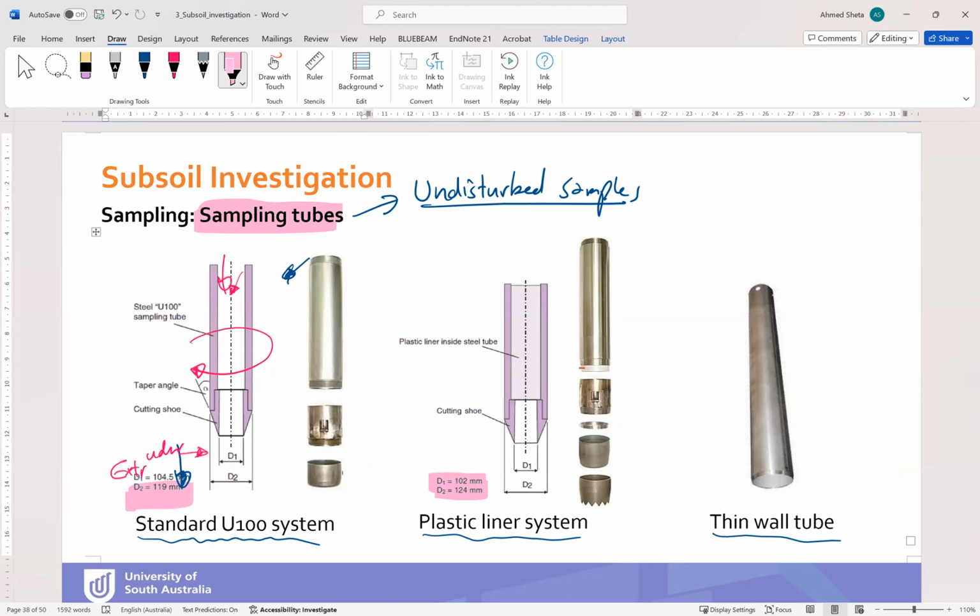As you can see, there are a few sampling tube examples we can use to extract undisturbed samples. Now, if we shift to the next sampling tube, we have some more.